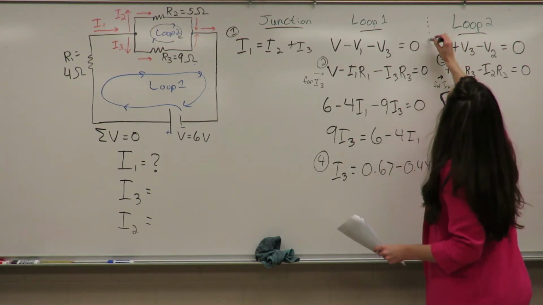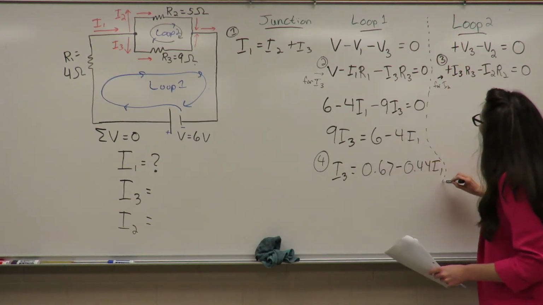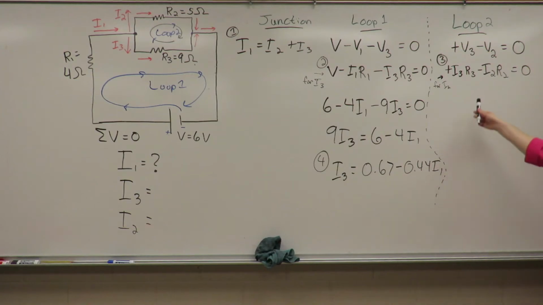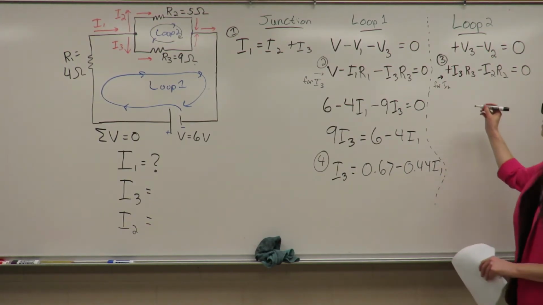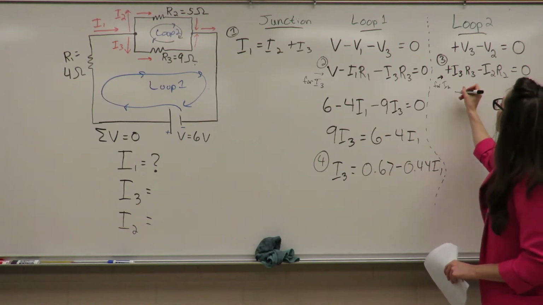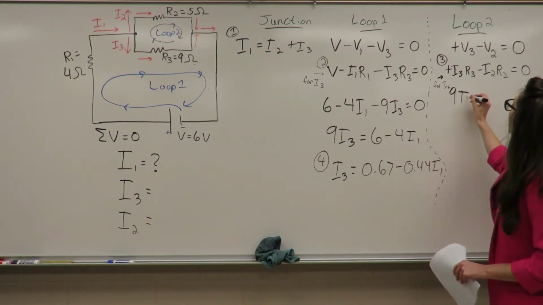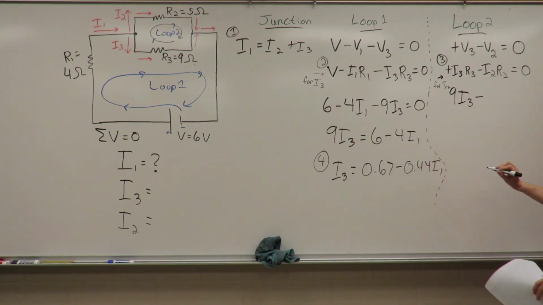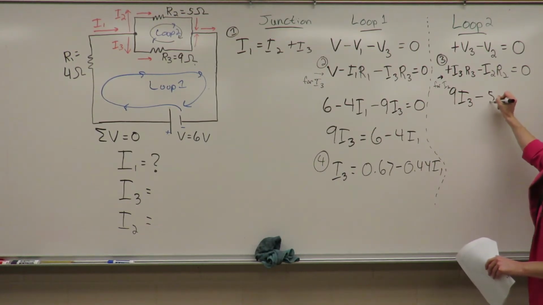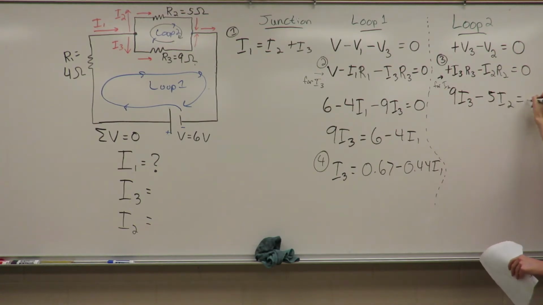Maybe I'm going to draw a dotted line here to keep all of our work separated. Now when I come over to equation 3, I'm going to plug in my values. R3 was 9 ohms, so 9 times I3 minus R2, which is 5, so minus 5 I2 equals 0.